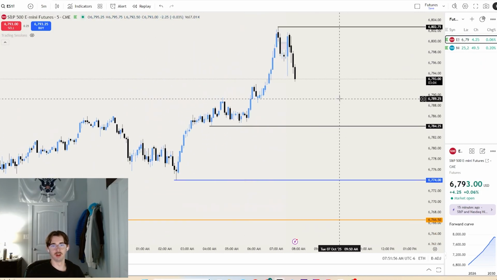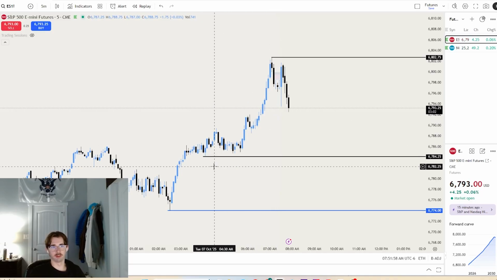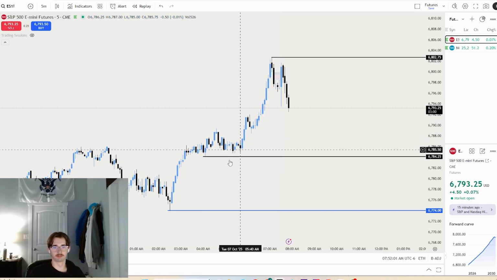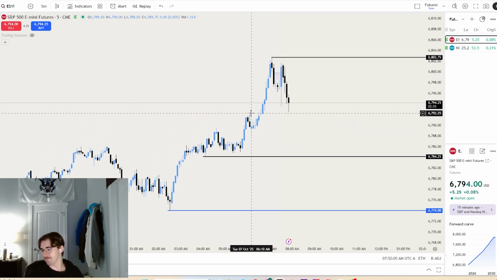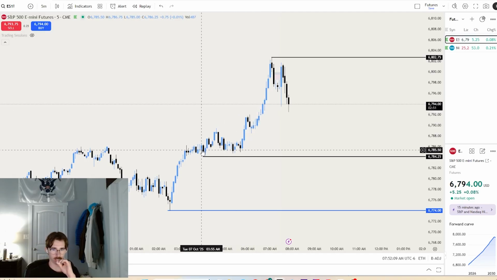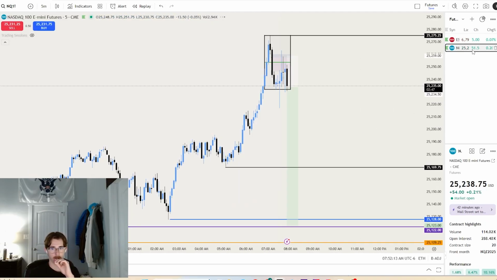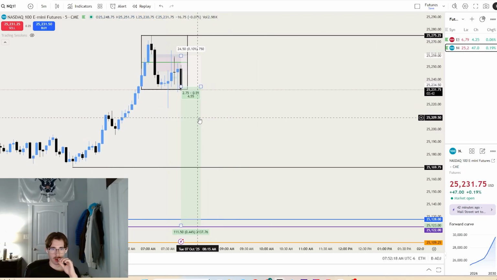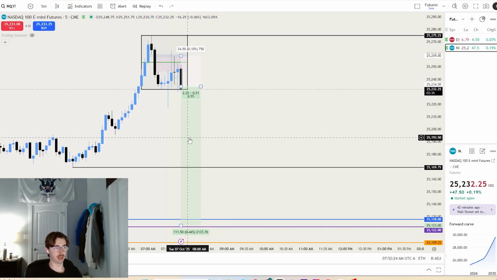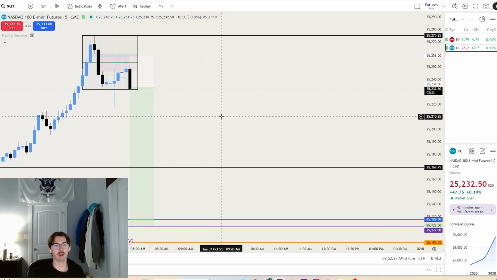Price wants to at least take out all this low resistance liquidity right here, which is at this hour low. But with news in 8 minutes, price might just want to hang out for a minute and see.